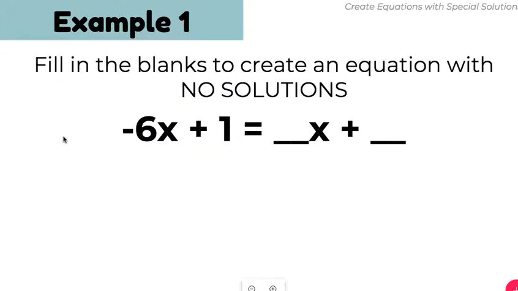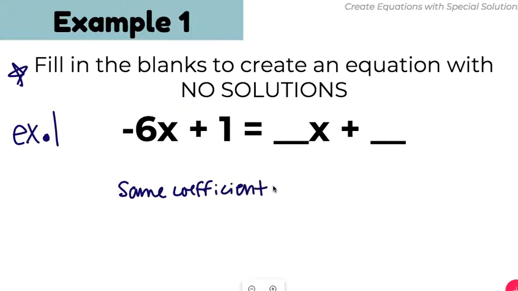Now let's go ahead and just jump right into an example. Copy these instructions and copy example 1. Hit pause and then come back when you're ready. Okay. So for no solutions, we need the same coefficient. And my coefficient is a -6.